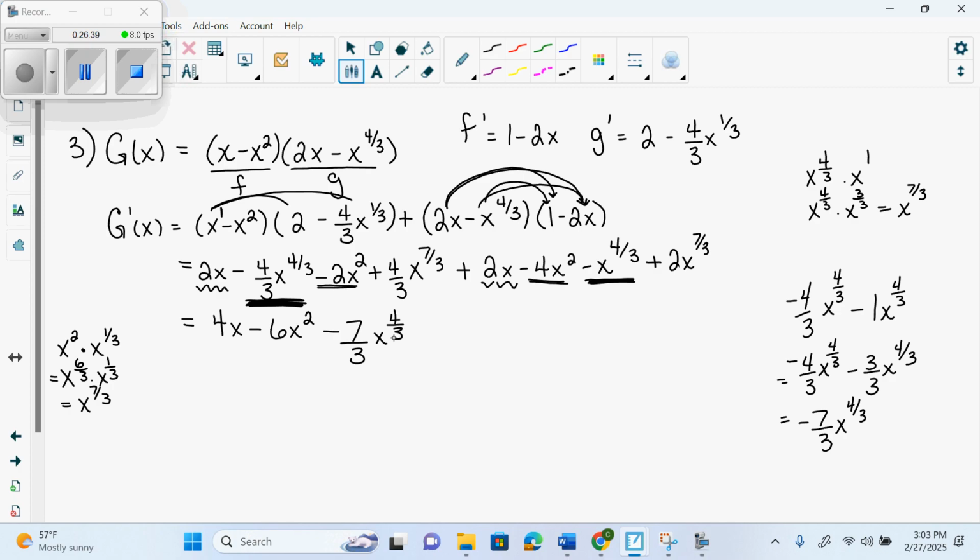And then our last one is 4/3 x to the 7/3 and 2x to the 7/3. So 4/3 x to the 7/3 plus 2x to the 7/3. 2 can turn to a what over 3? 6 over 3. So I'm going to get 10 over 3.